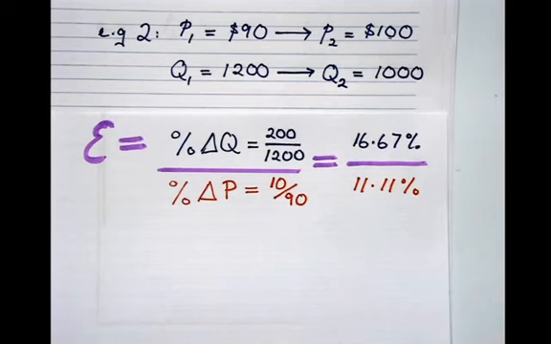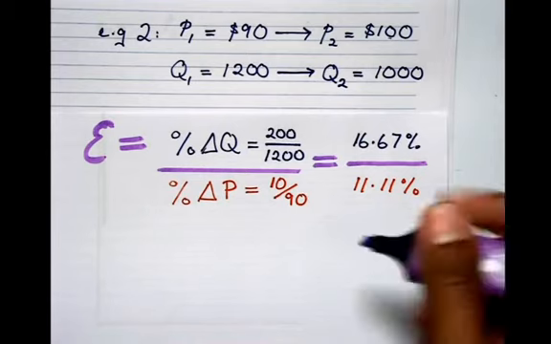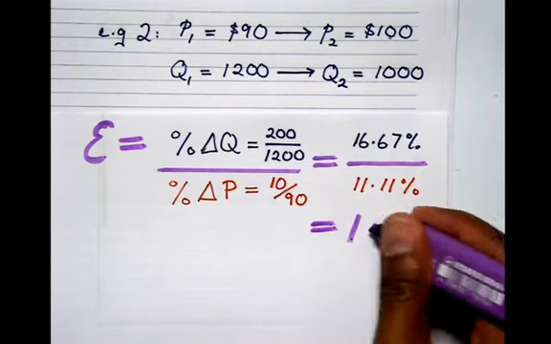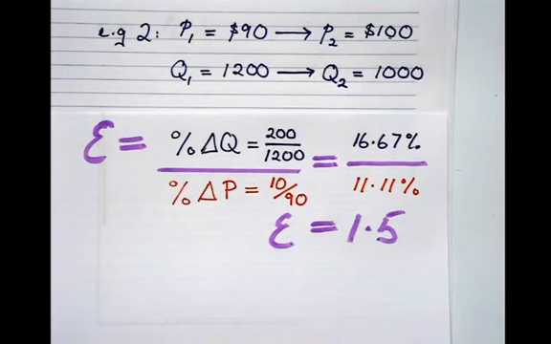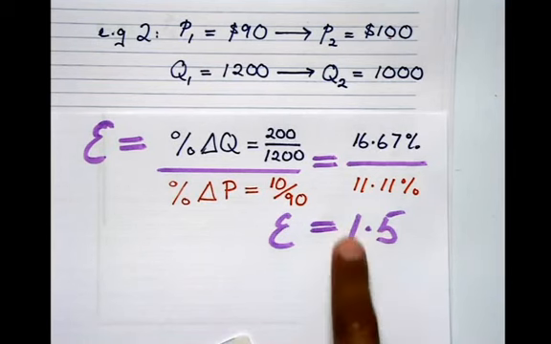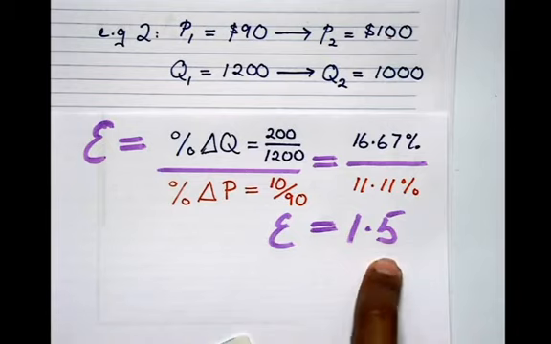So 16.67% divided by 11.11% gives you a value of 1.5 for elasticity. Is that okay? Is that elastic or inelastic? Elastic because the answer is more than 1.